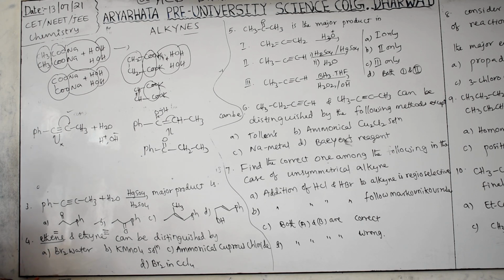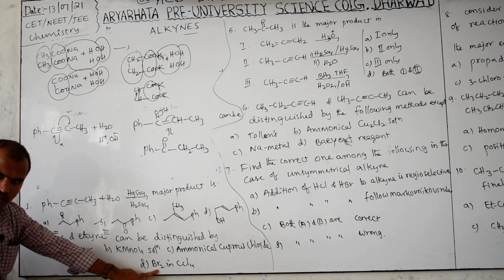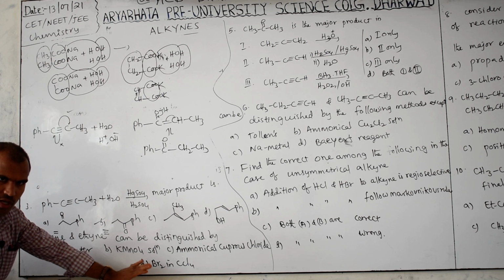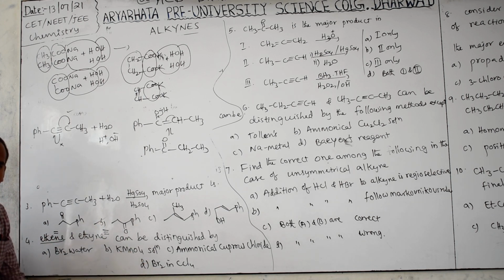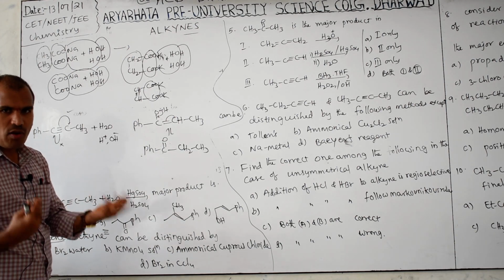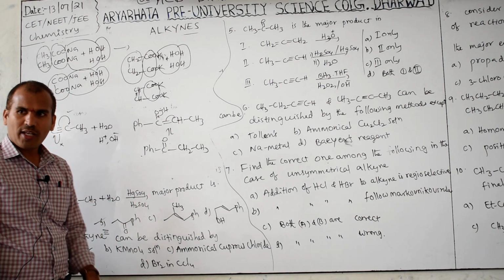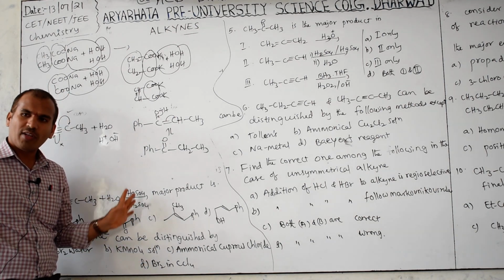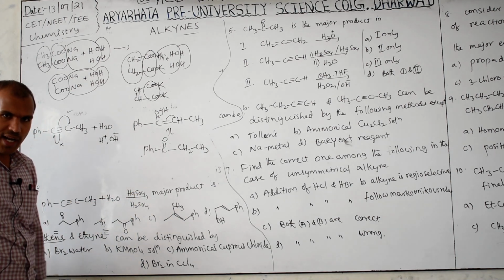Bromine in water, for example, here given, also gives a little bit of orange color. Just this you studied already. Bromine in CCl4, orange color disappears, meaning what? Double bond or triple bond is present. So both give a positive test. Then how to identify? If one gives and another does not, we can identify. Here bromine in CCl4 both will give, therefore we cannot identify.